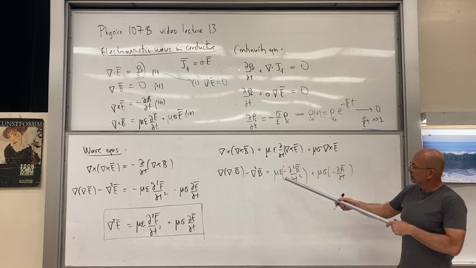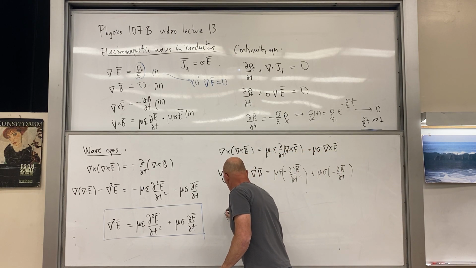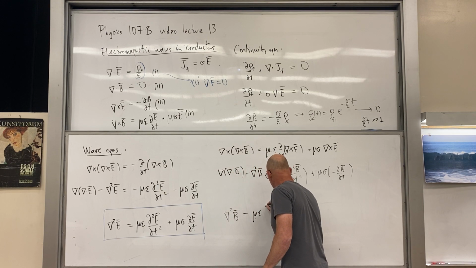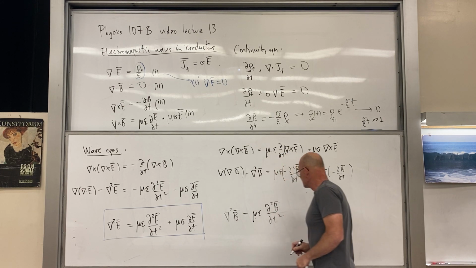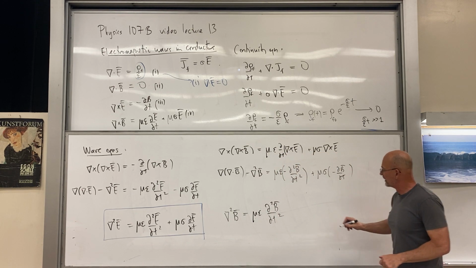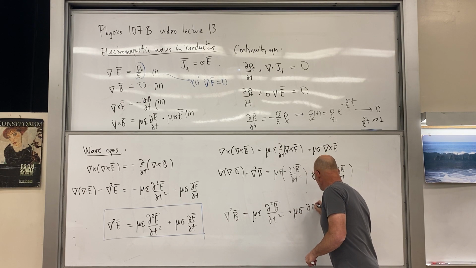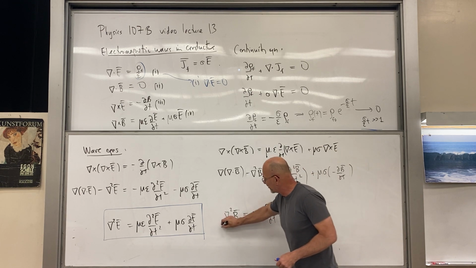Okay, so del squared B is equal to mu epsilon, two time derivatives, plus mu sigma dB dt. Okay, so exactly the same.